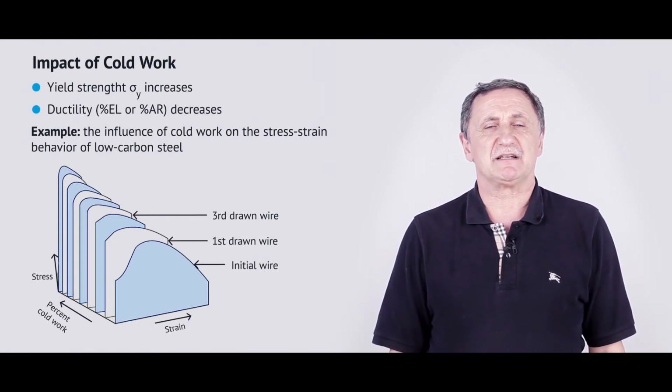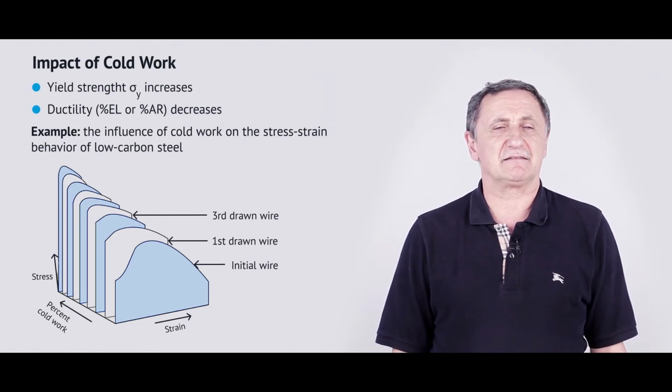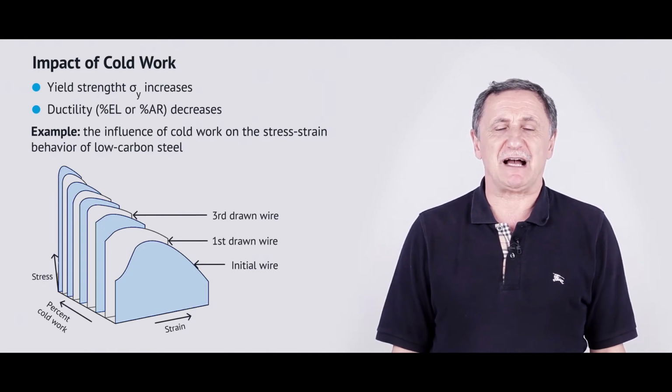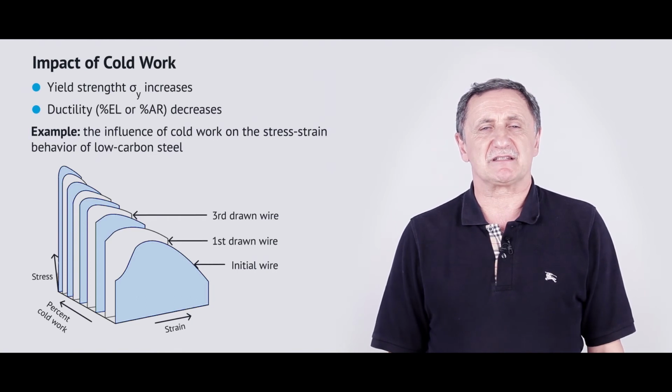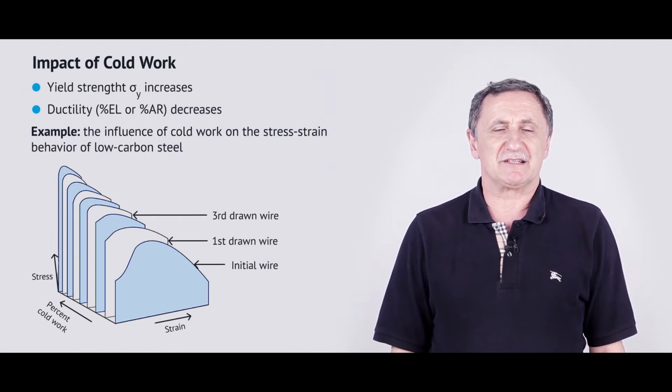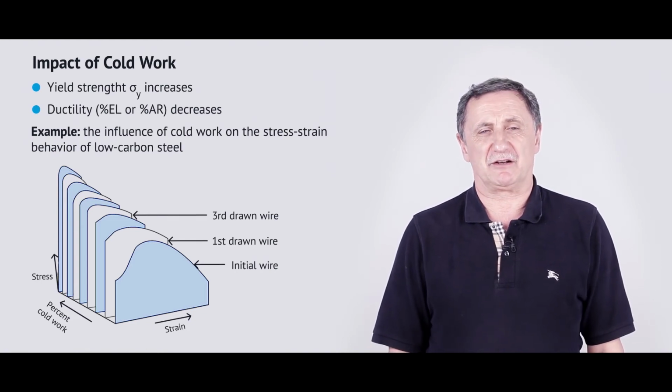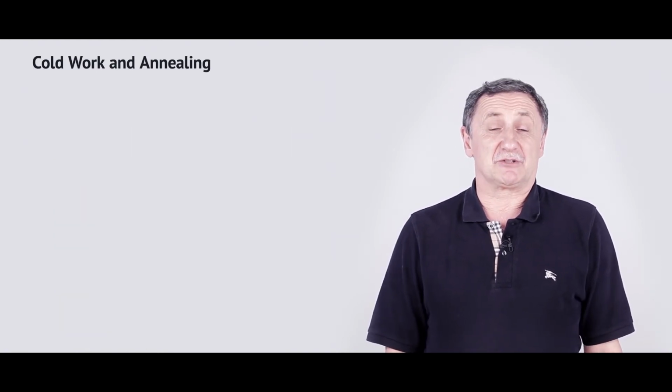We can apply this kind of drawing, for example, to wires 5, 10, or whatever number of times. At the very bottom, we significantly increase strength, but significantly decrease ductility. And it's not easy to work with this material, of course, while it's extremely strong.